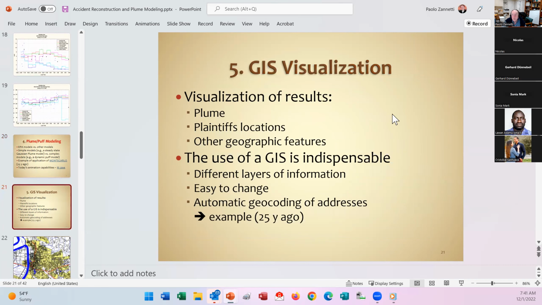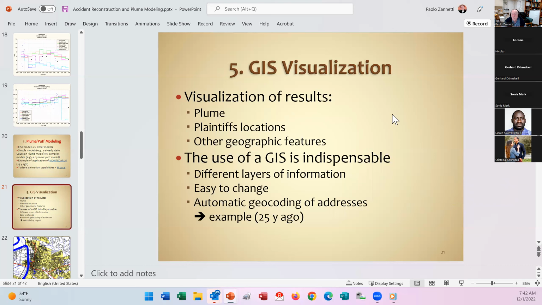GIS is absolutely indispensable. If you have not used a GIS before, I suggest you invest. You don't have to be a GIS expert, but you need to know the basics of GIS, Geographic Information System, and what you can do with the GIS software, because it's absolutely essential.